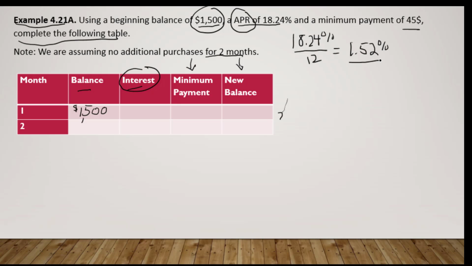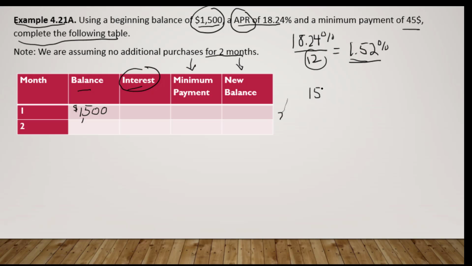So that's my monthly interest rate, which is 1/12, right? Dividing by 12 is the same thing as taking 1/12. 1/12 of the yearly interest is the monthly interest. So this one I'm going to do by finding 1.52% of 1,500, the interest.